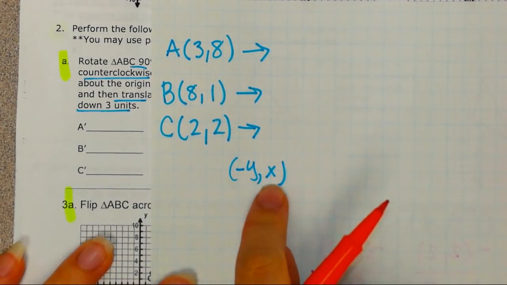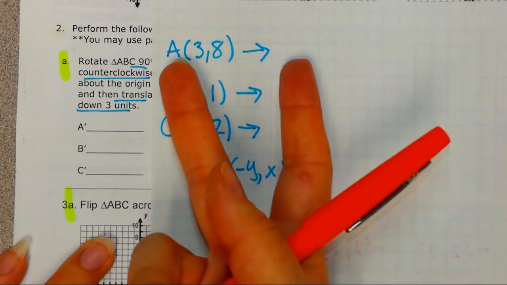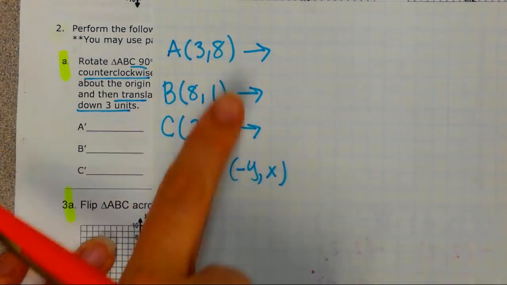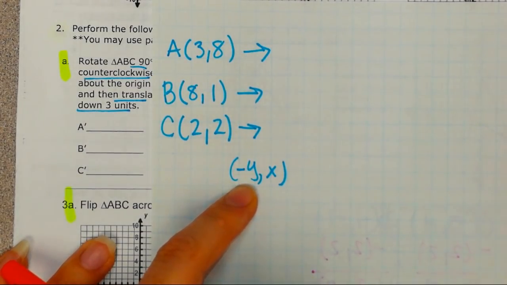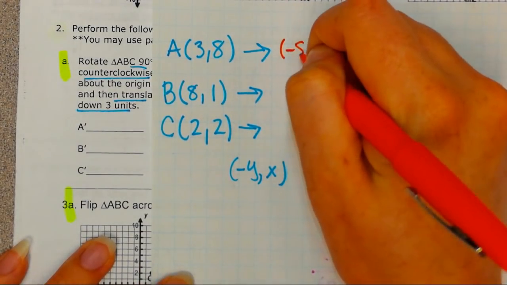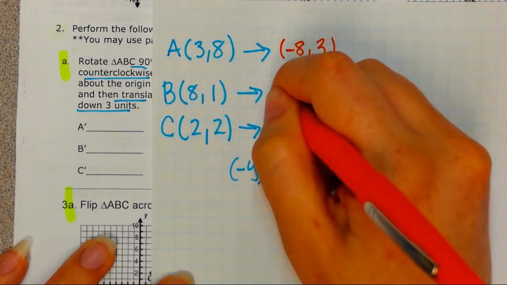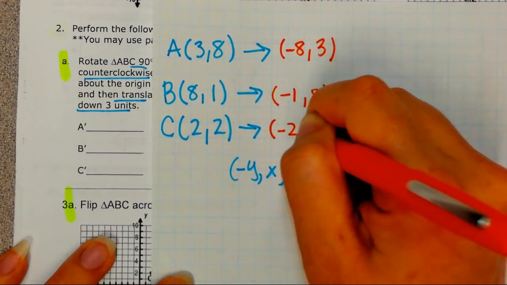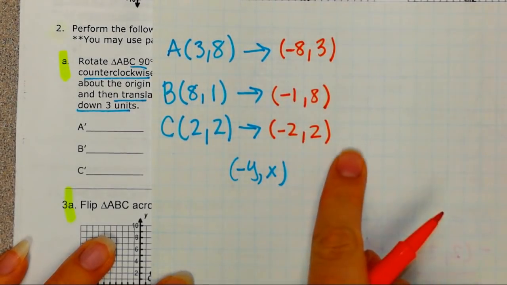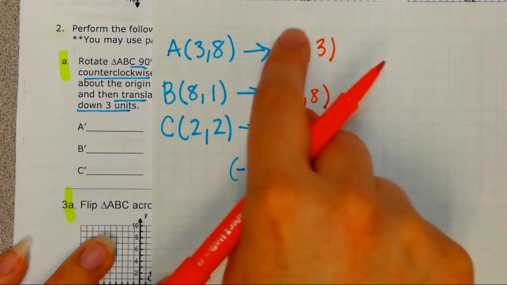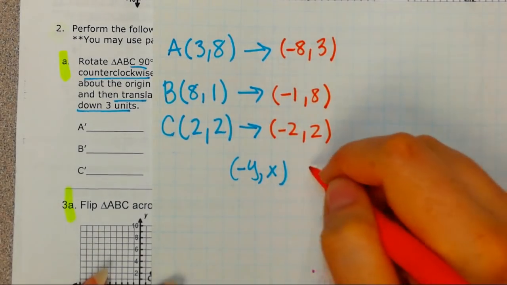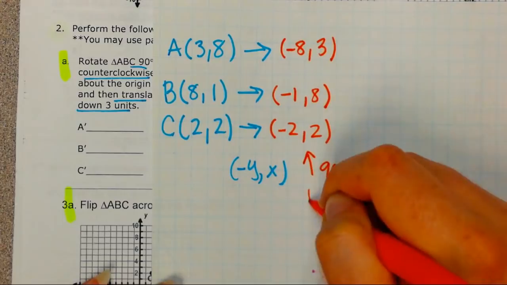All right, so what this rule means is that you're going to swap out your x and y, and then your original y value is going to change sign. So this will become negative 8, 3. This will become negative 1, 8. And that's negative 2, 2. Okay, so they switch places, change sign. Okay, this is your 90-degree rotation.